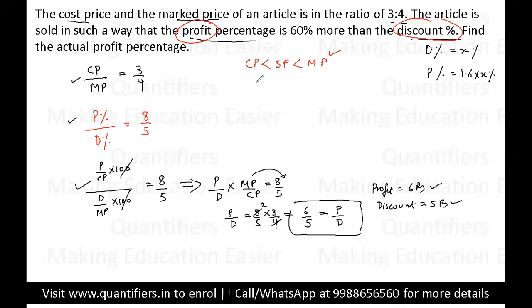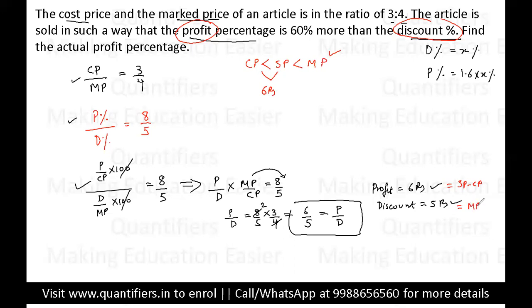Now students, a very, very simple question. All of you already know that what is profit? Profit is basically selling price minus cost price, right? So I can say that the difference between SP and CP is 6 rupees. And we also know what is discount.